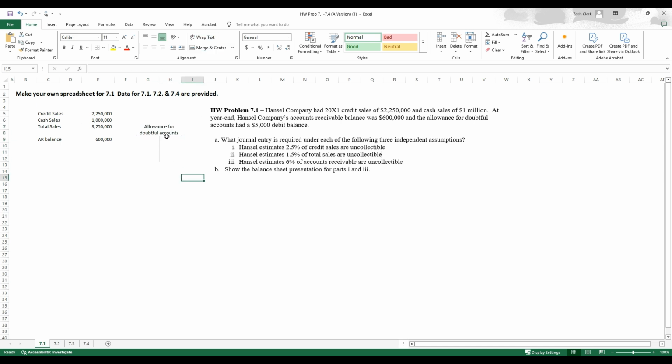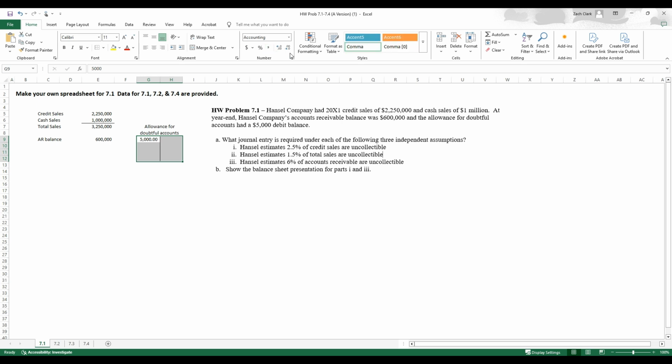Okay, and it tells us that we have a $5,000 debit balance in the allowance account. So this is our debit balance, right? And an allowance for doubtful accounts has a credit normal balance. And so this is kind of in a way saying we have a negative allowance for doubtful accounts balance. And so likely that's related to certain write-offs during the accounting period, etc. And so we're going to have to factor that in when we do our new balance transactions here.